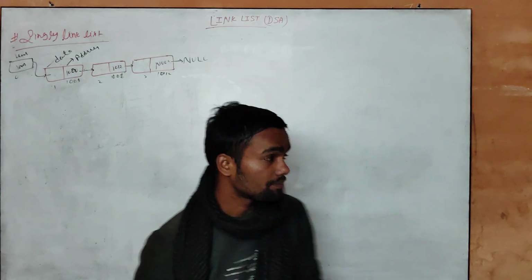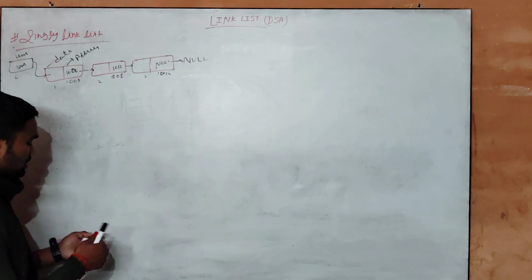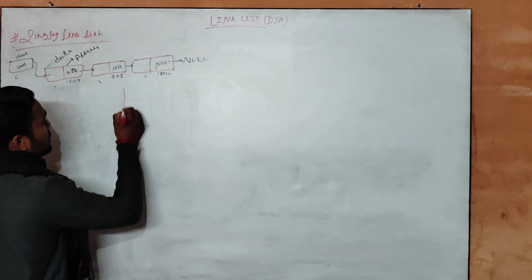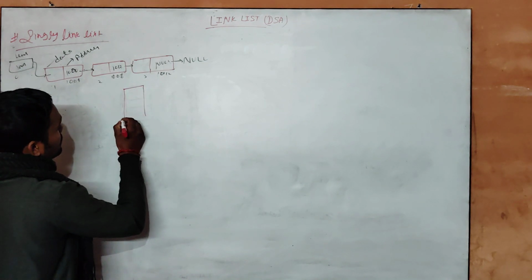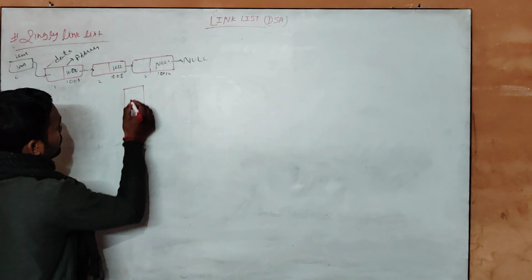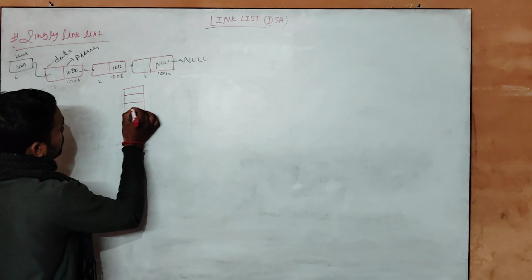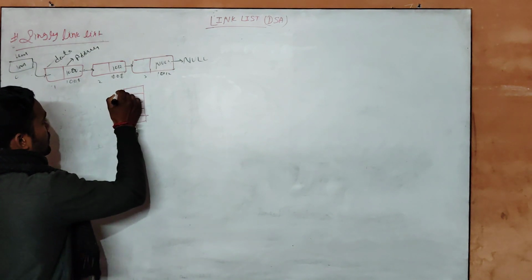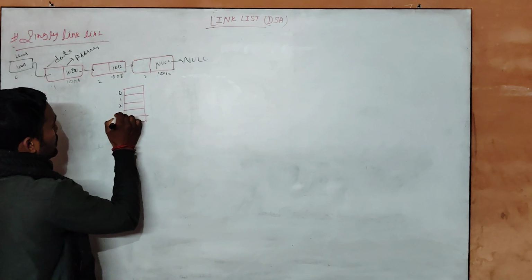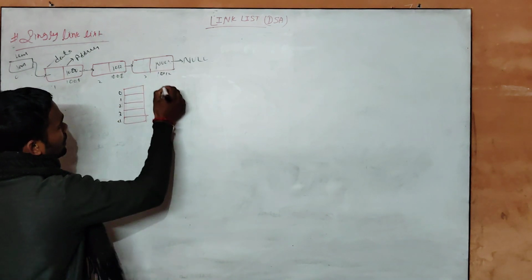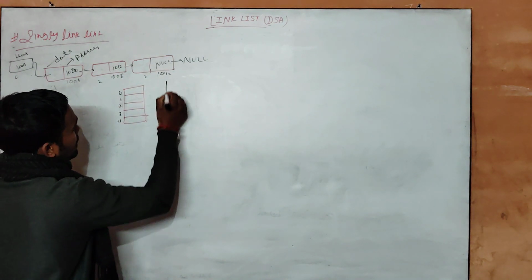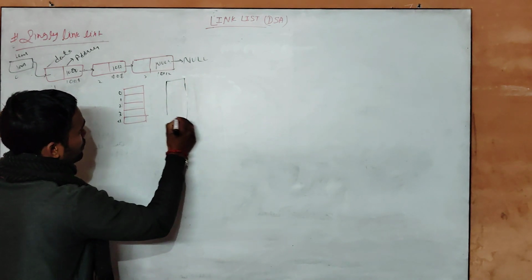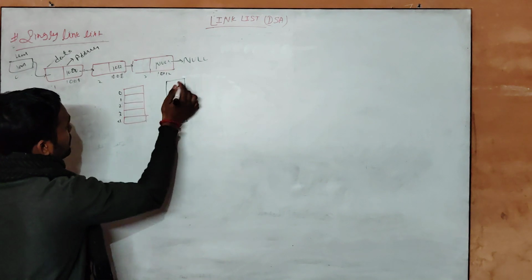Okay, fine. I am just making one table. We'll see how we can represent it. 0, 1, 2, 3, 4, and here link part, which is called node, which is connected to each other.